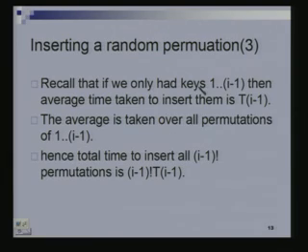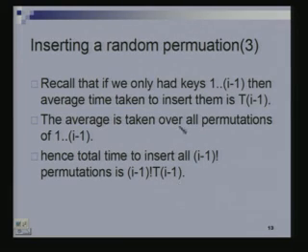Okay. So, suppose I had only I minus 1 keys, 1 through I minus 1. Then the average time taken to insert these keys is T of I minus 1, this is what we define T of n as. This average is taken over all the permutations of 1 through I minus 1. So, the time taken to insert all these I minus 1 factorial permutations is just I minus 1 factorial times T of I minus 1.